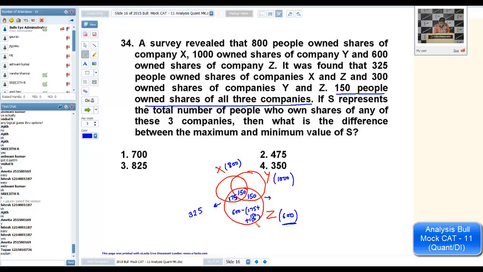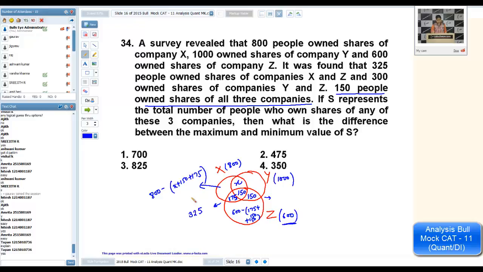Can you visualize that? If you are not comfortable with a Venn diagram, we can take it as x, which is unknown, or any variable you can use. The x total should be 800. So the remaining part will be 800 minus (x plus 150 plus 175). Are you okay with this, Tapan? Similarly, you can find the value of y. Now I think this is easy.